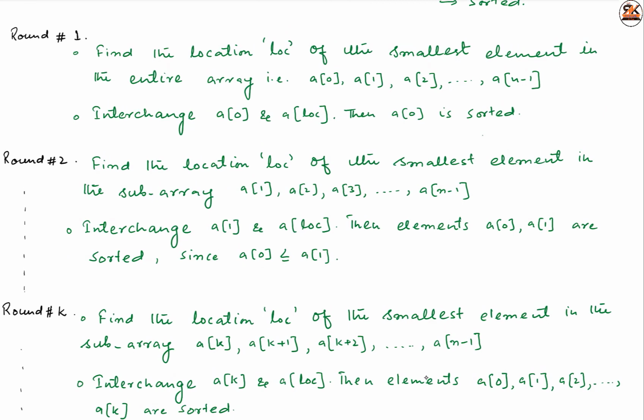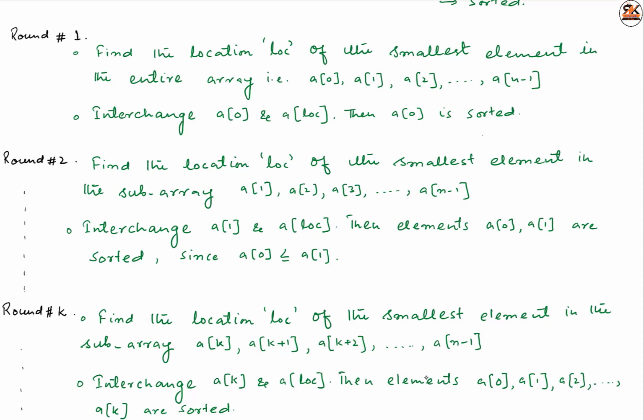I have written all the steps involved in the selection sort algorithm as round 1, round 2, round k, and up to round n minus 1. In the first round, we find the location of the smallest element in the entire array. Entire array means the unsorted list of elements, that is a0, a1, a2 up to a n minus 1.